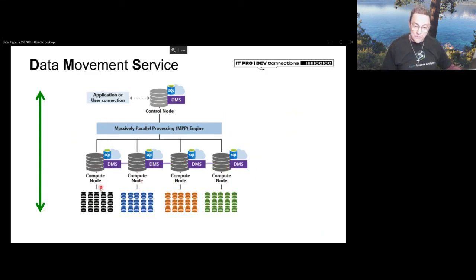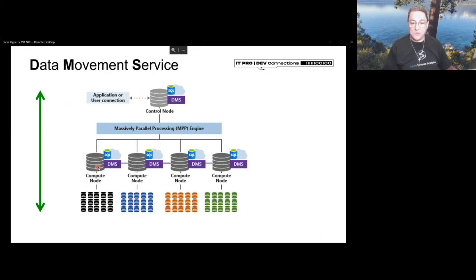Again, vertical. And here's the trick. Pay close attention to this one now. When the data comes into the compute node, if the compute node needs data that is in another distribution, that compute node cannot reach out to that distribution.